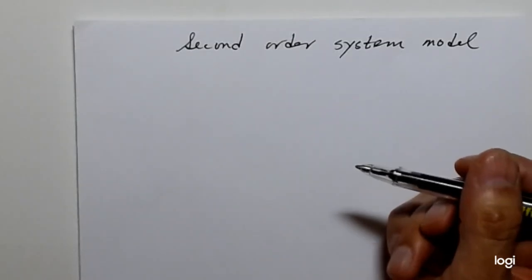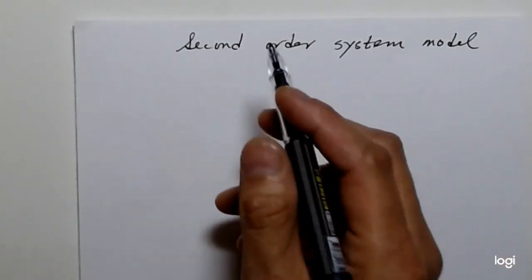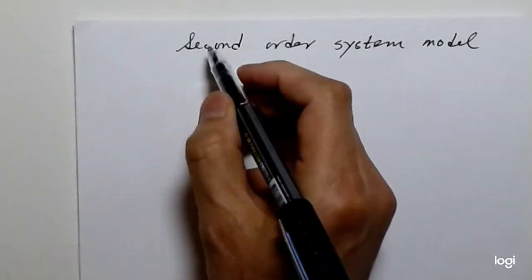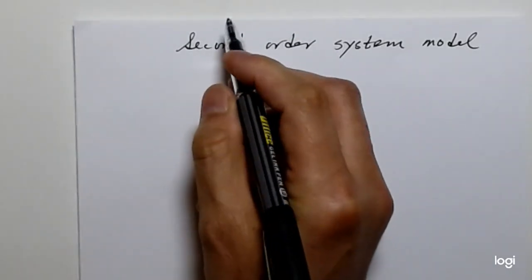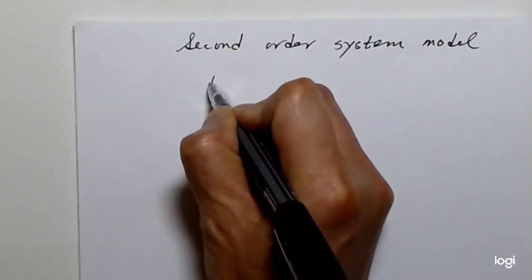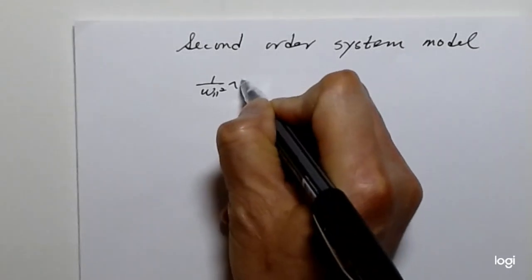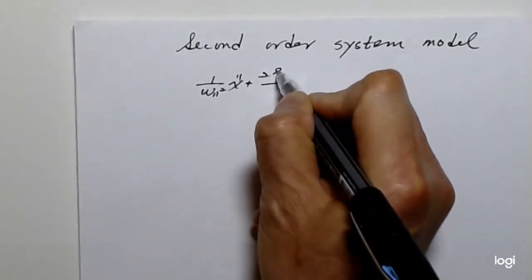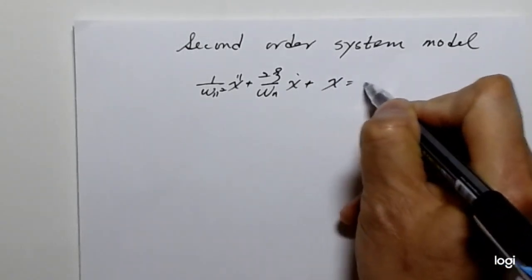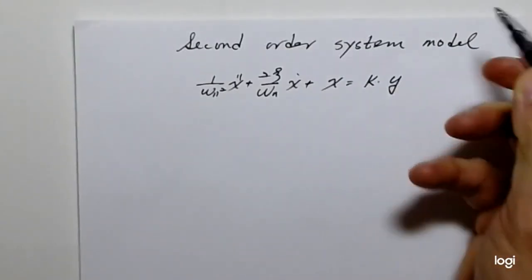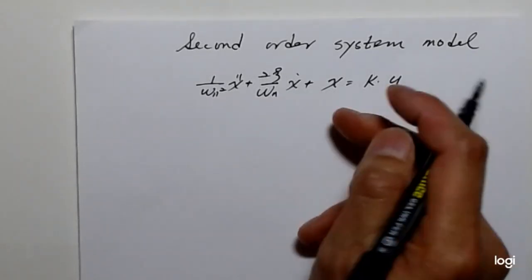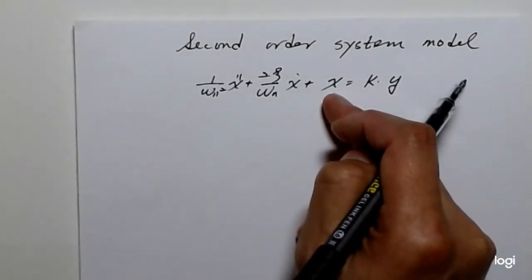So the differential equation we have for the second order system will be, again, y being the input and x being the output.